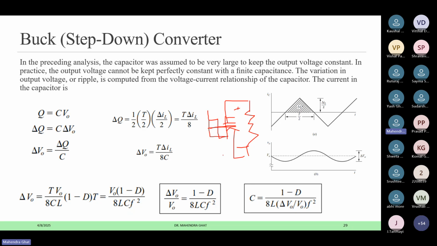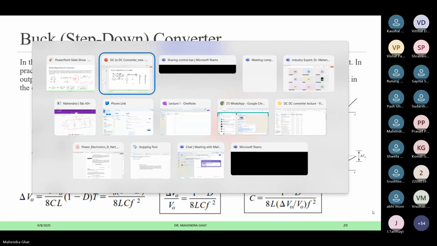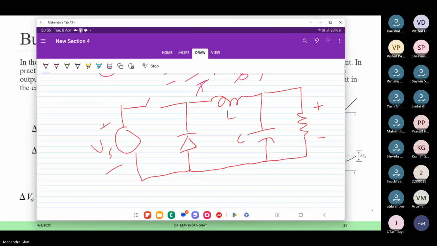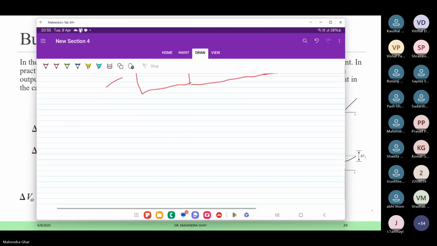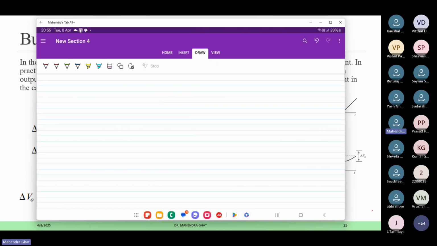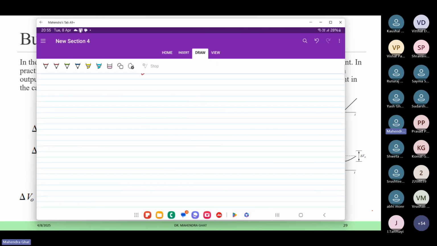I will just redraw it. Okay, so I will just explain what I was explaining.